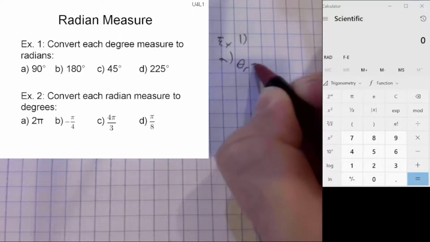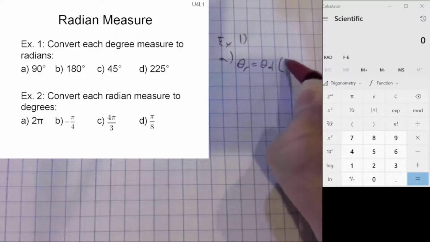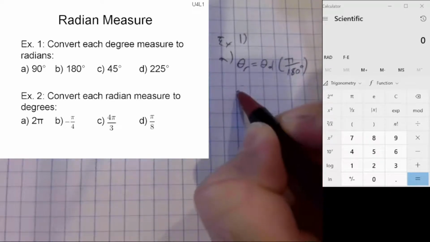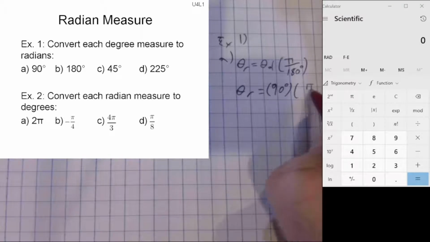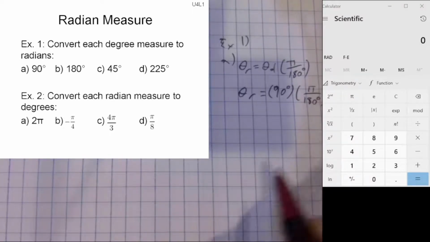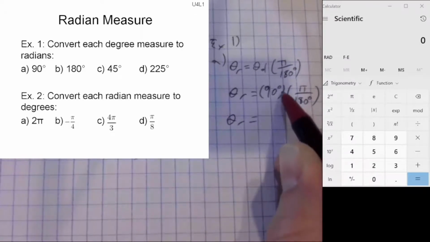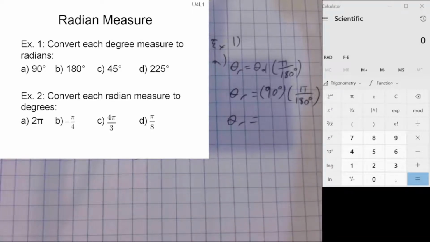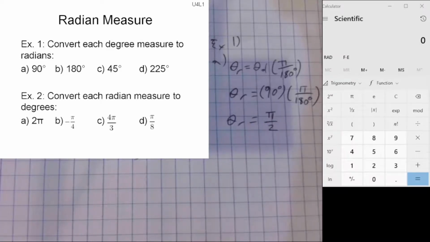Our angle in radians is equal to our angle in degrees times pi divided by 180 degrees. Our angle in degrees is 90 times pi divided by 180 degrees. The degree symbol is in the numerator and denominator, so the degree units disappear, and we're left with pi over 2.